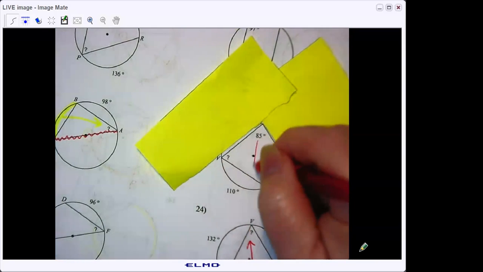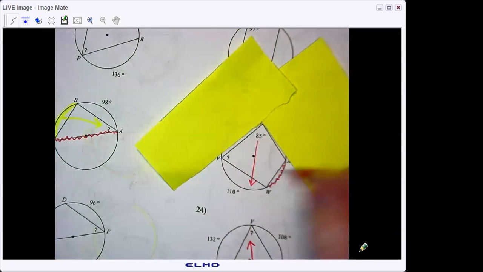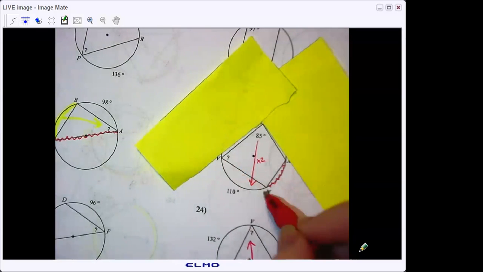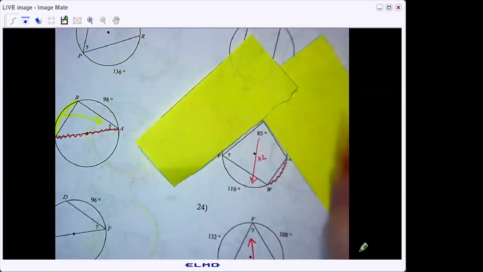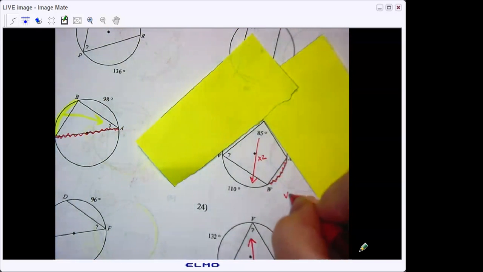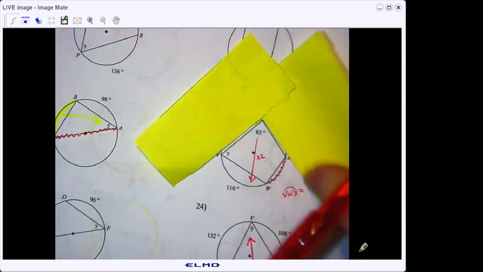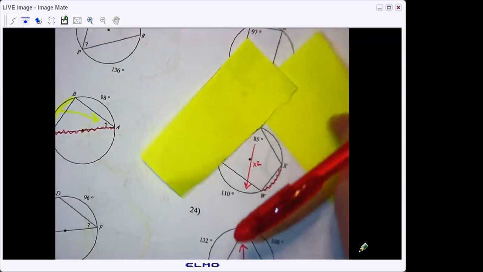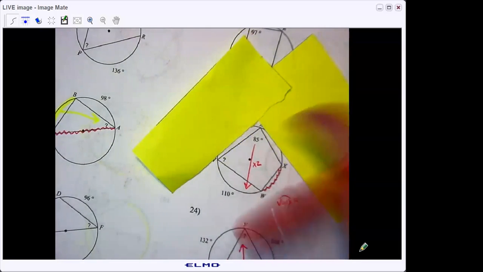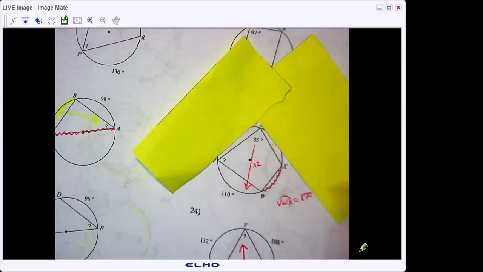I'm going to multiply by 2. And this whole arc from V to W to X, arc VWX, is equal to what? Good. So yes, that whole arc is equal to 170.